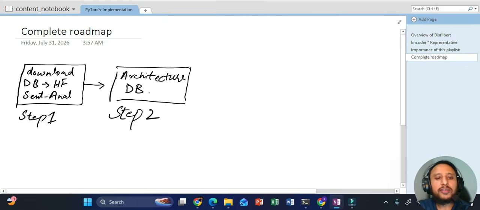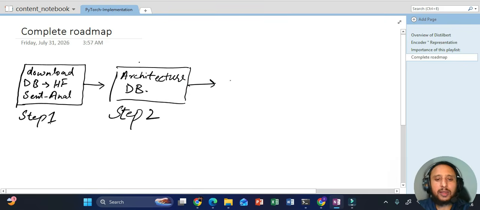We are going to explore this architecture, look into its layers, and look into the forward passes, the functions that are basically working behind the scenes.